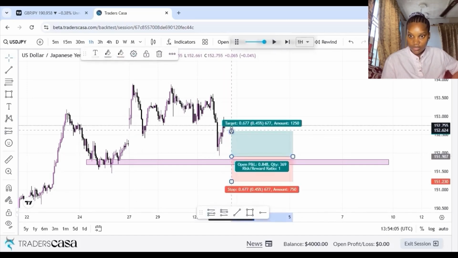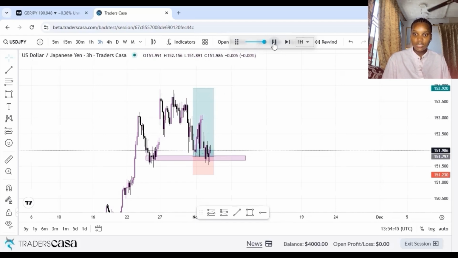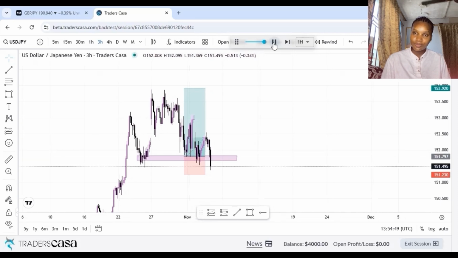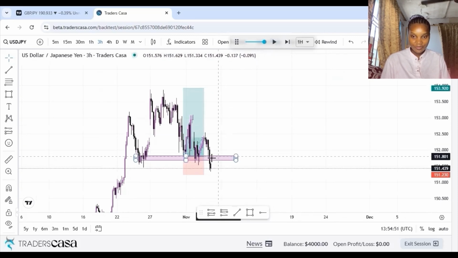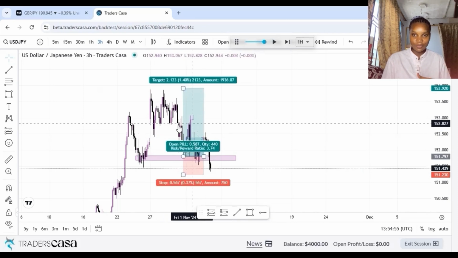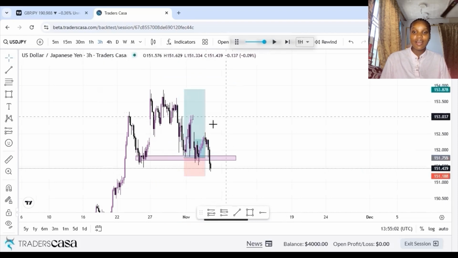It's here. That was a loss. But the market triggered our entry, and when it triggered our entry, it started moving. So that was a loss.